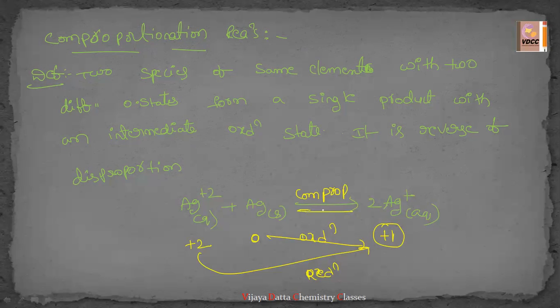If I give the arrow this side, it is disproportionation, meaning the single oxidation state +1 is decomposing into 0 and +2. If the two oxidation states comproportionate into +1, this is called a comproportionation reaction, which is very, very, very important.